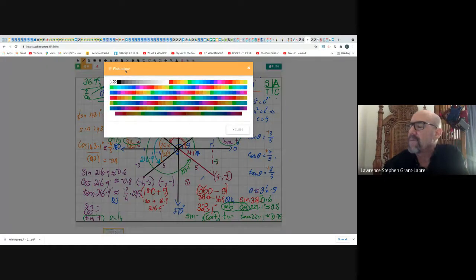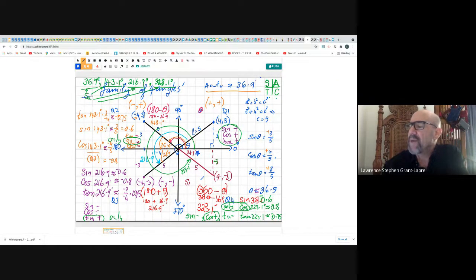Okay, if I was to do that same experiment, but this time with the cos ratio. If I do cos of 36.9, cos of 143.1, cos of 216.9 and cos of 323.1, you try it. You will always get precisely the same number, but sometimes it'll be positive and sometimes negative.